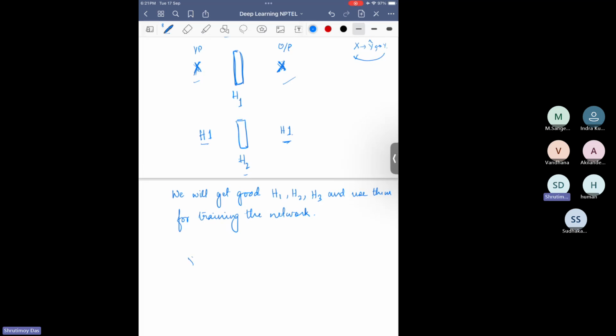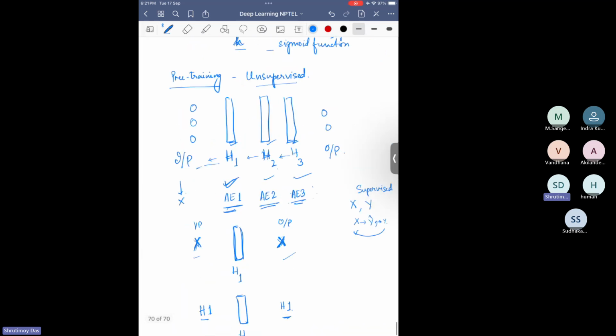So basically, you have your input, you have your hidden layers H1, H2, H3, and then your output. This output is the label that you have. For example, if we want to decide whether the image contains a cat or a dog, this output is that y that you have.